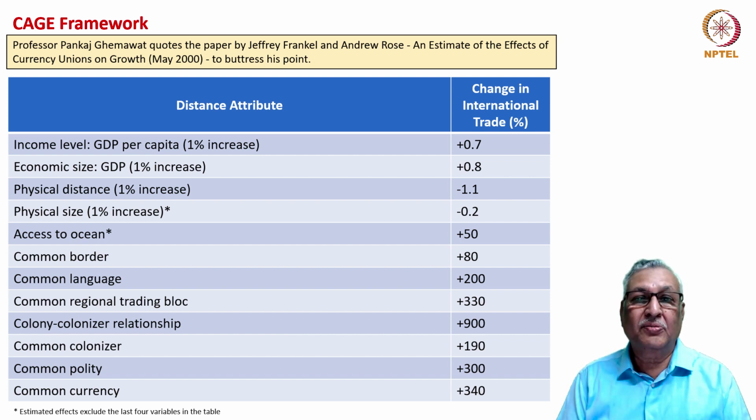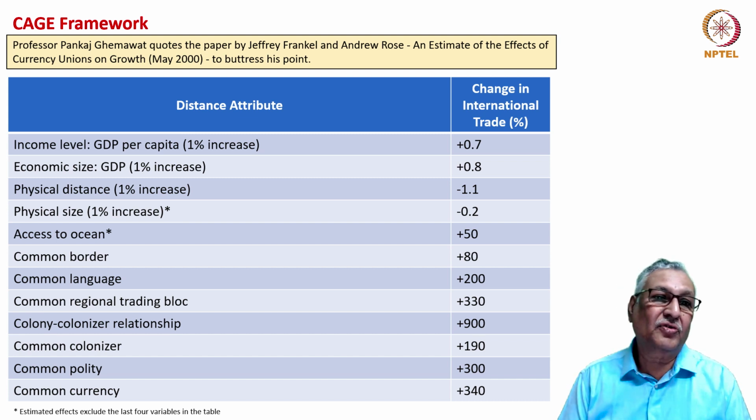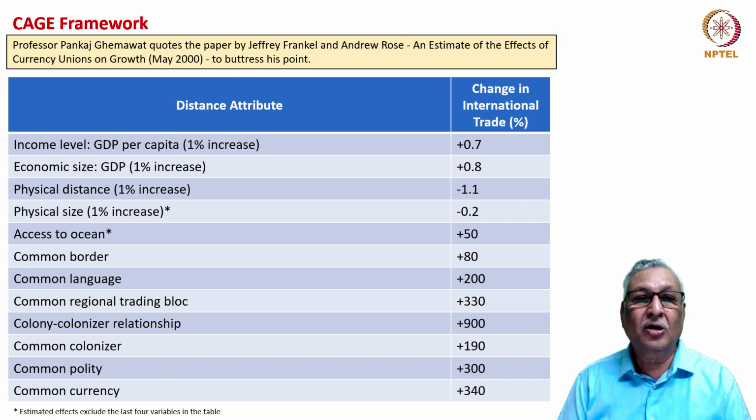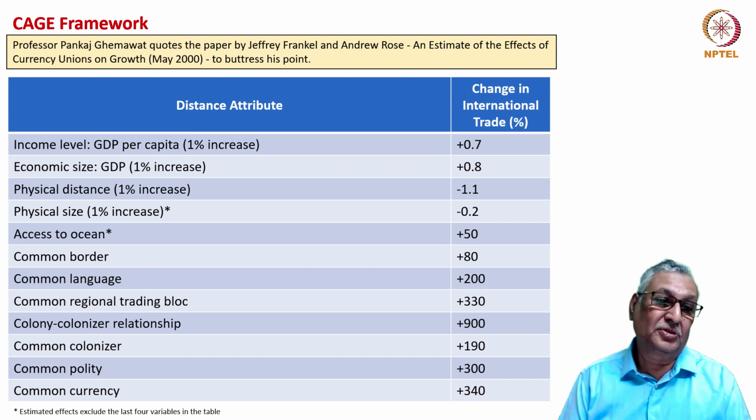There is a paper by Jeffrey Frankel and Andrew Rose which talked about the effects of currency unions on growth. It was published in May 2000. According to that article, the distance attribute has an impact in terms of change in international trade. However, certain distance attributes impacted international trade far more than others.